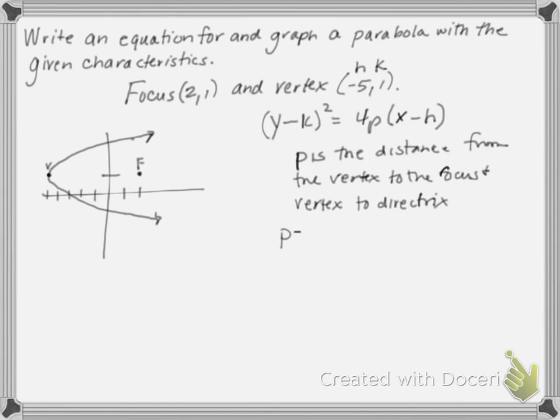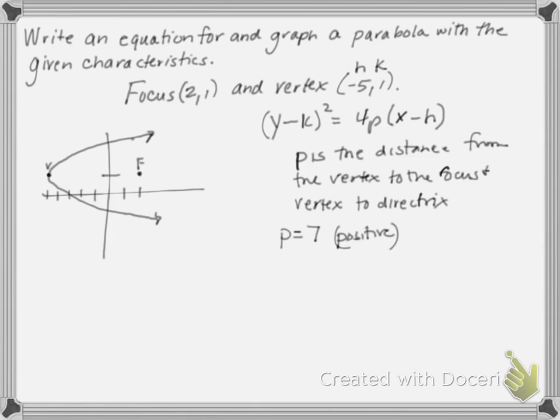So p is going to be 7, and since it's opening to the right, it's going to be positive. So this is a positive 7. Since it opens in a positive x direction, then p is going to be 7.